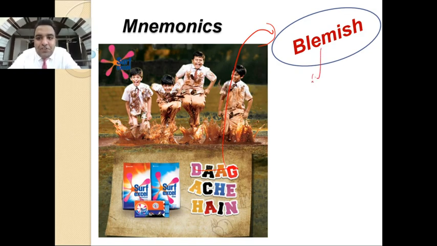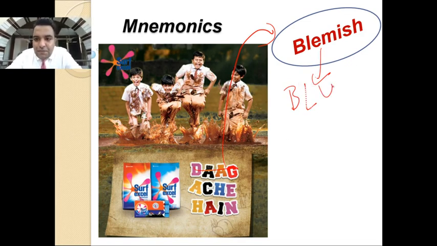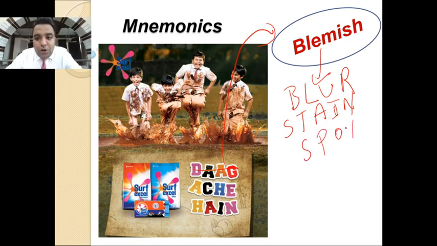Let's learn some other words related to blemish. Blemish is anything that is blur. Blemish is anything that is actually a stain. हम कहते हैं ना कपड़ों में दाग है. That is anything that is a spot. So blur, stain, spot. Blemish is also, we say, daub.